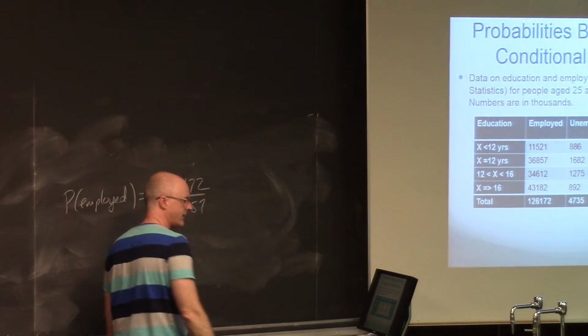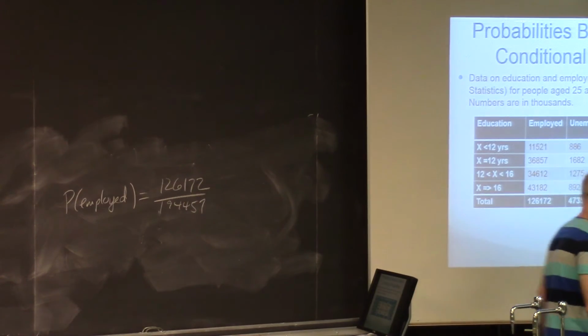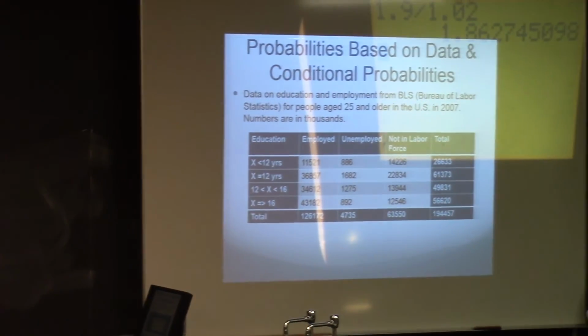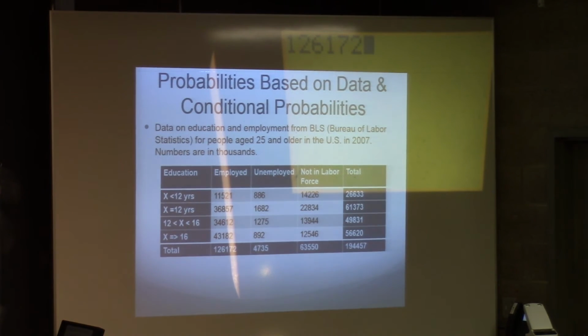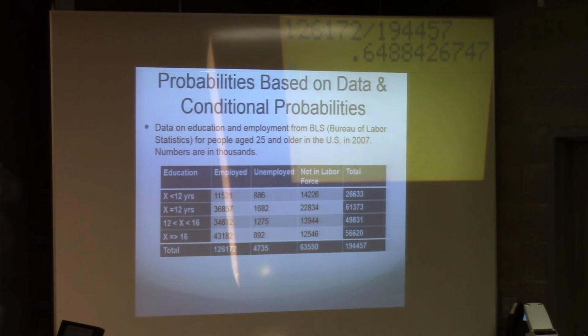Try that in your calculator. I'll do that too. 126,172 divided by 194,457 gives 64.9%. That's what I had in the previous slide. That's your assessment.